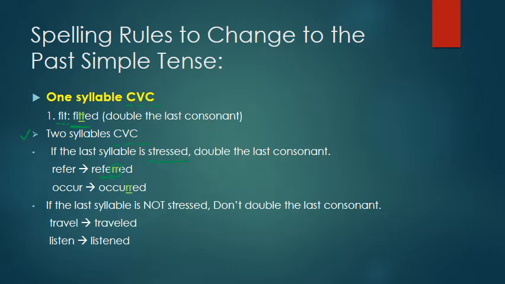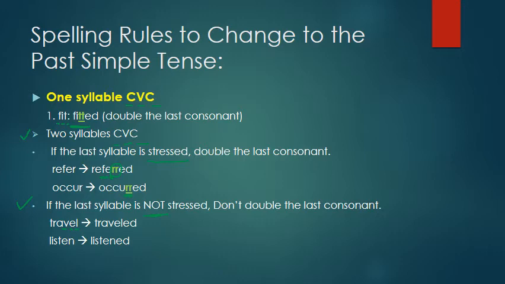Refer, occur. Do you notice the sound of the second part of this word? Occur, refer, prefer. Because the second syllable is stressed and it ends with consonant, vowel, consonant, I double the last consonant, which is R. Now if the last syllable is not stressed, like travel, listen, it does end with CVC, but the vowel is not stressed.